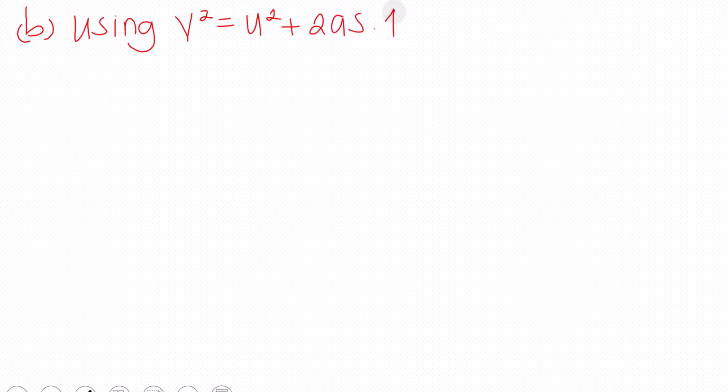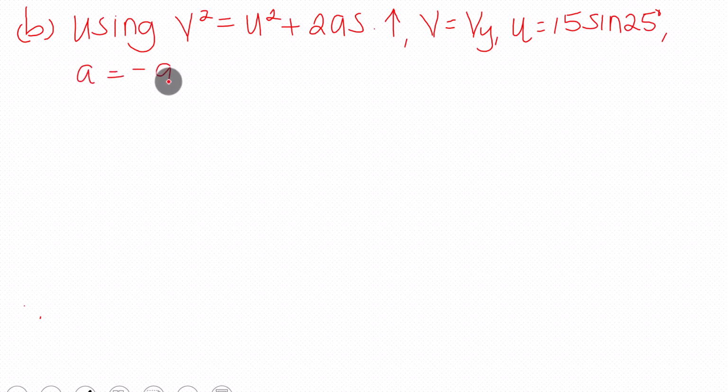We are considering vertical motion, so our velocity will be v in the y, our u will be 15 sin 25 degrees, our acceleration will always be negative 9.8 meters per second squared, and our s will equal negative 1 meters.